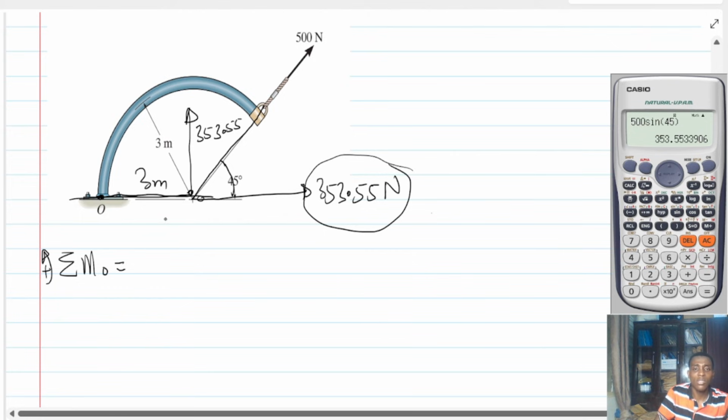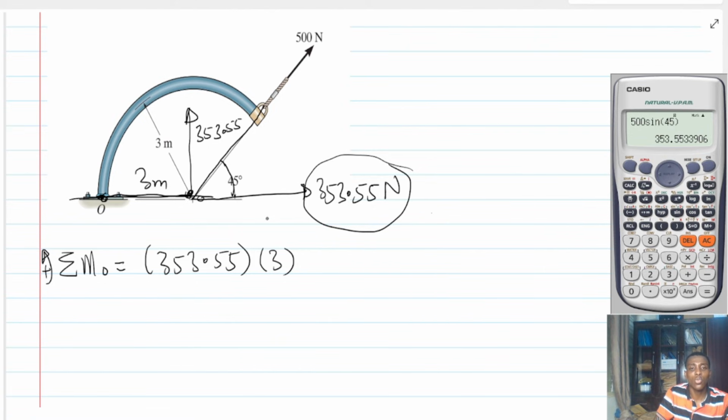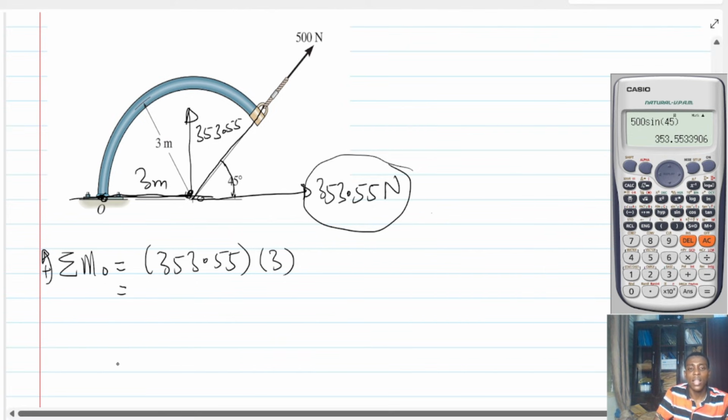Therefore, the moment is going to be 353.55. Then I will multiply this by 3, which is the distance from here to here. This force will contribute 0 moment because the line of action of the force passes through the point.